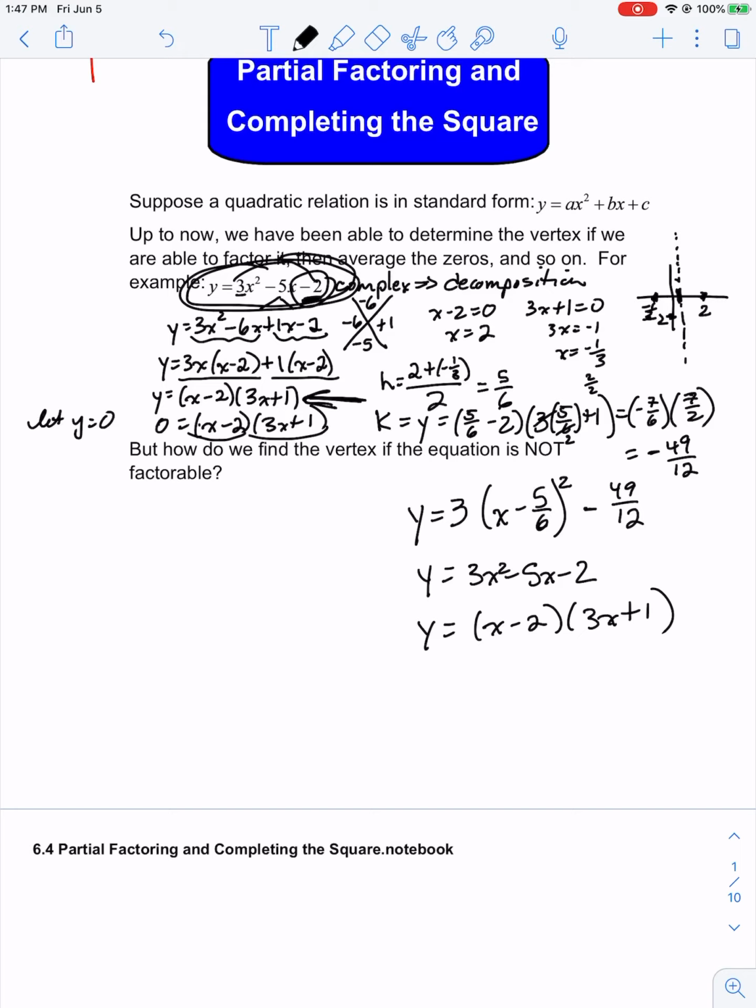And just notice that the way that this works is that I could factor this 3 out of this bracket, and that would become y equals 3, x minus 2, x plus 1/3. So I'm basically just dividing each of these two terms by 3. So there's one x-intercept and there's the other x-intercept. Okay?